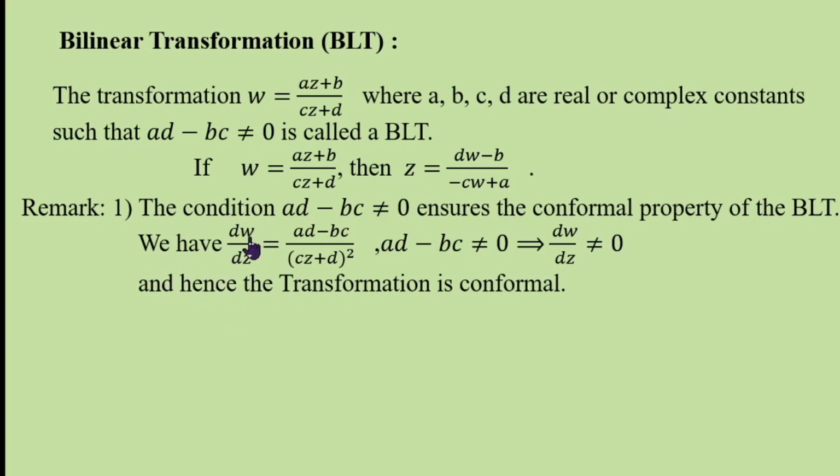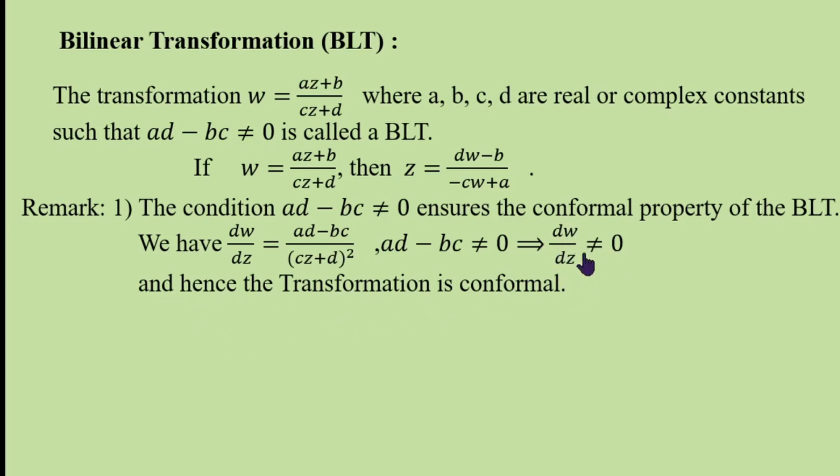We have dW by dZ, the derivative of W with respect to Z, or f dash Z, equal to (AD minus BC) by (CZ plus D) whole square. Just differentiate W with respect to Z, so you will get this. If the numerator AD minus BC is non-zero, then the derivative with respect to Z is non-zero. Since the derivative is non-zero, the transformation is conformal.